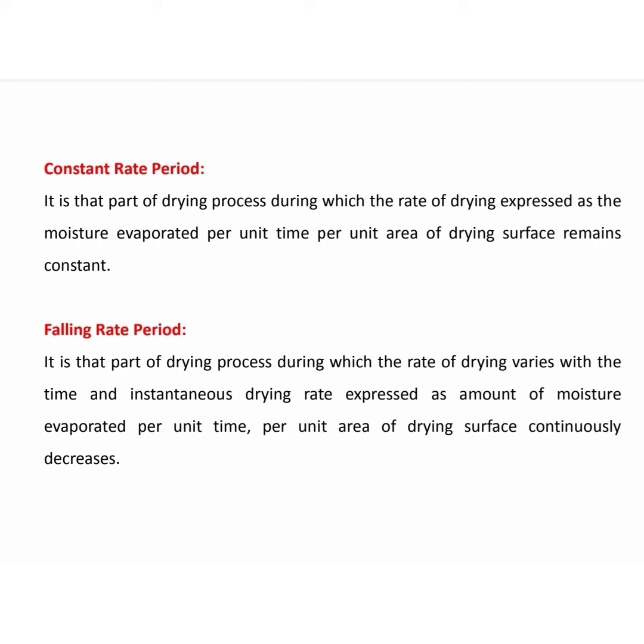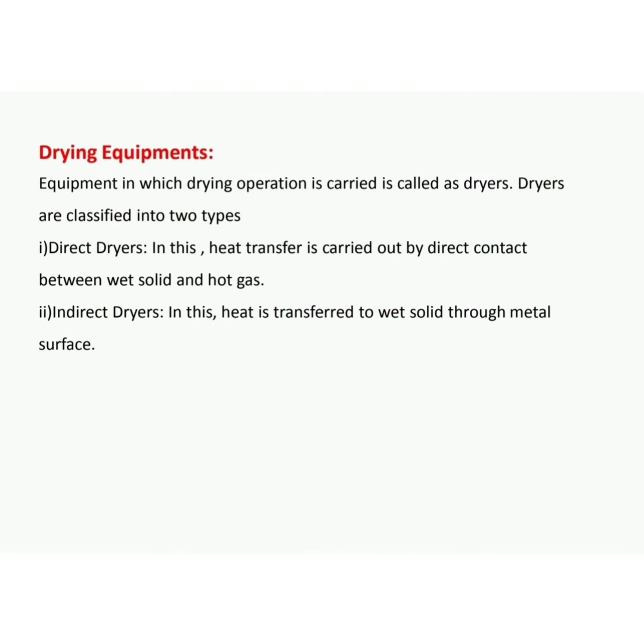Falling rate period. It is that part of drying process during which the rate of drying varies with time and the instantaneous drying rate, expressed as amount of moisture evaporated per unit time per unit area of drying surface, continuously decreases.